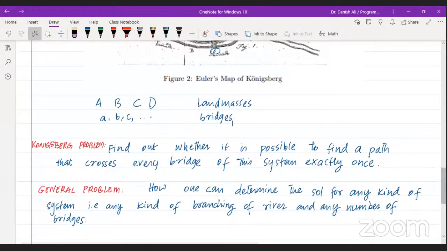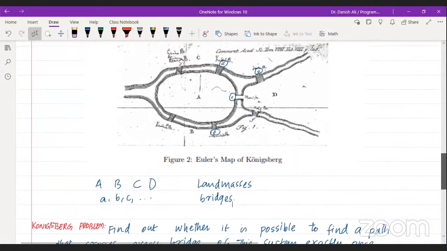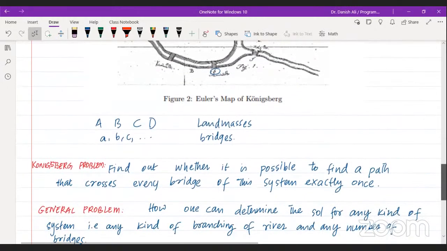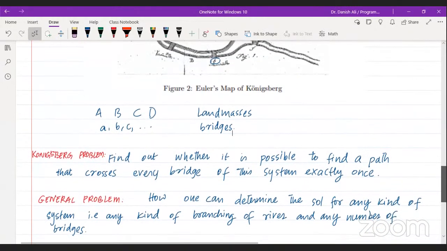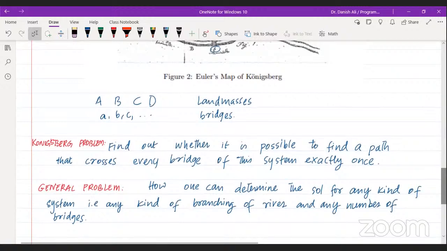One he called the Königsberg bridge problem, and the other he called the general problem. The Königsberg problem says: find out whether it is possible to find a path that crosses every bridge of this system exactly once. And the second problem, the general problem, is how one can determine the solution for any kind of system, that is, any kind of branching of river and any number of bridges.